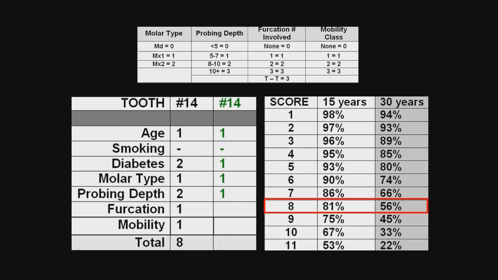On probing depth, we're not going to get total pocket elimination on 7 and 8 millimeter pockets, but depending on the level of hemorrhagic tissue, if you have very hemorrhagic tissue, you can probably reduce these pockets 3 millimeters, and if you have non-hemorrhagic tissue, you're only going to reduce them by maybe 2 millimeters. But by taking an 8 millimeter pocket and reducing it by 3, you get it down to a 5. So the probing depth becomes a 1.